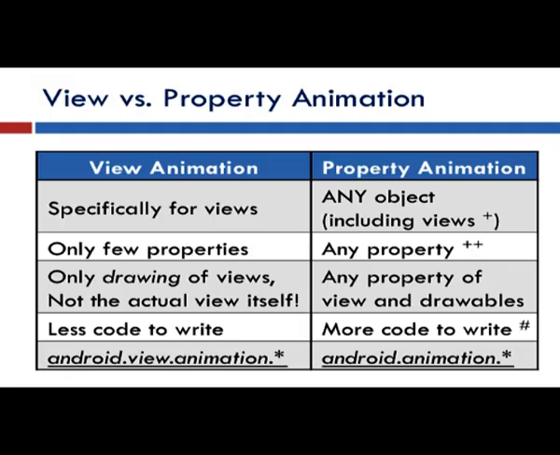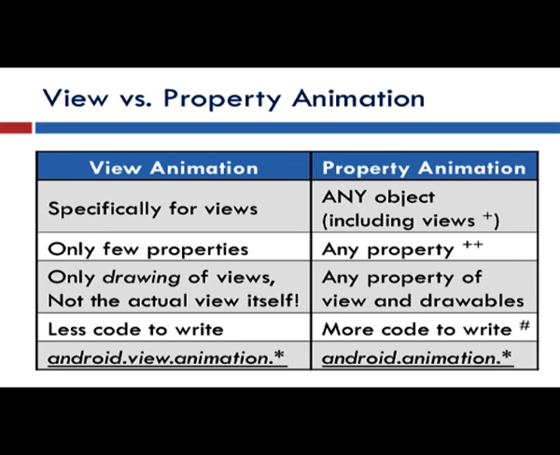So here I will briefly give a short comparison of both view animation and property animation. First of all, view animation is specifically for views, that is text views, buttons, image views, or views in general. However, property animation can be applied on any object, including views.